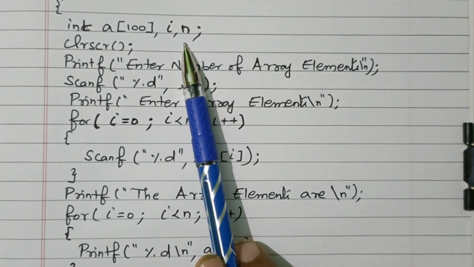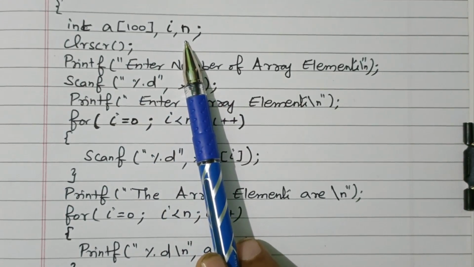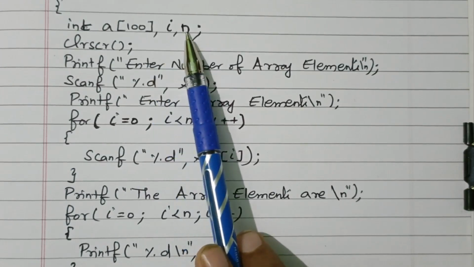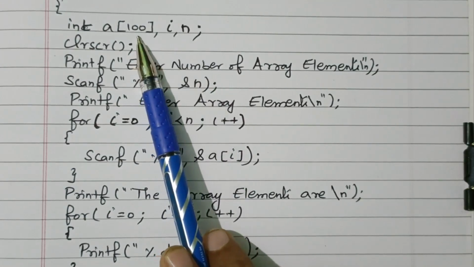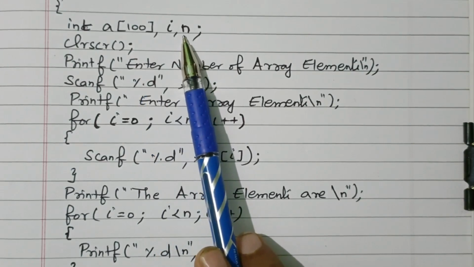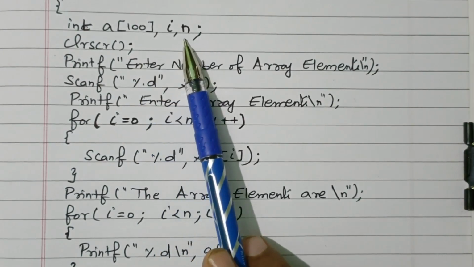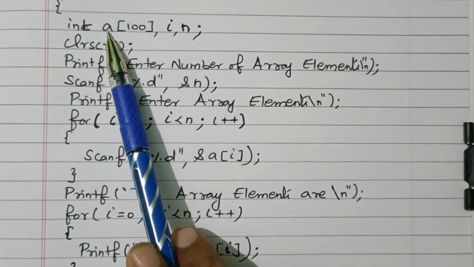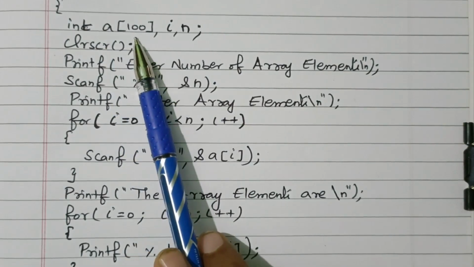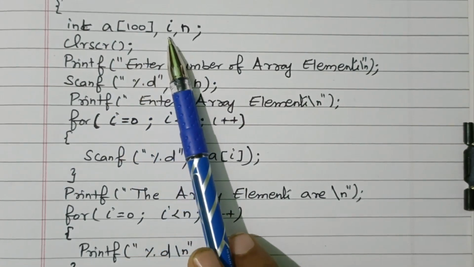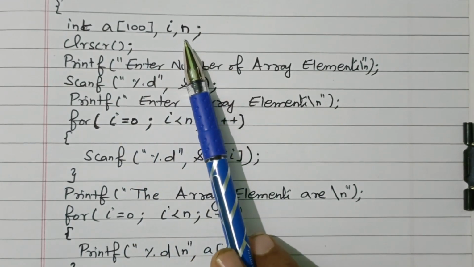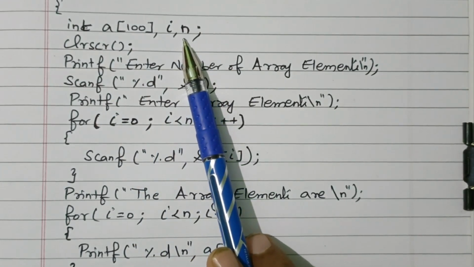That is the choice of the user. User can enter 10 or 20 or 5 based on the choice, right? So this n should be less than 100. Up to 100 we can use. So variable name A, we can store 100 elements. For loop we are using I. For n number of elements, how many elements we need? N.